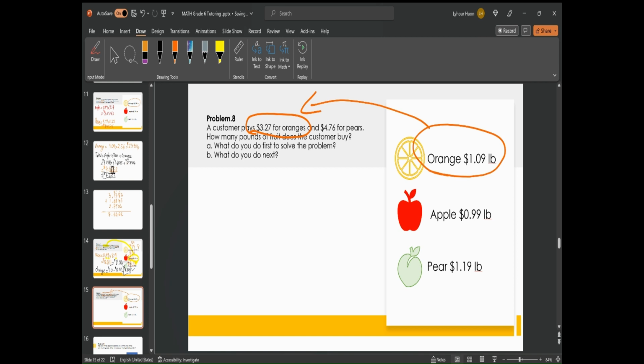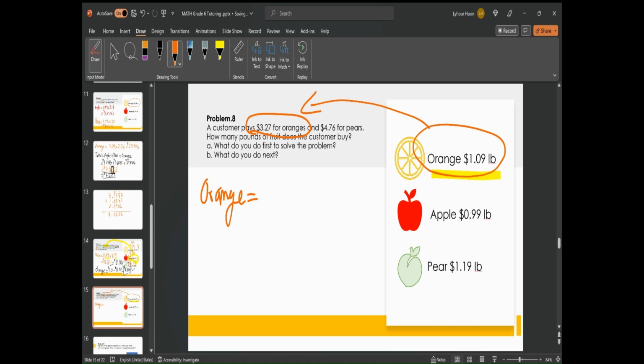The customer pays $3.27 for orange, and 1 pound of orange costs $1.09. So in order to know how many pounds of orange you receive, maybe it's around three.